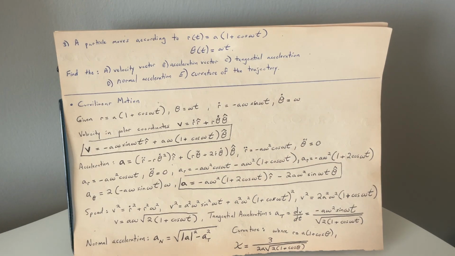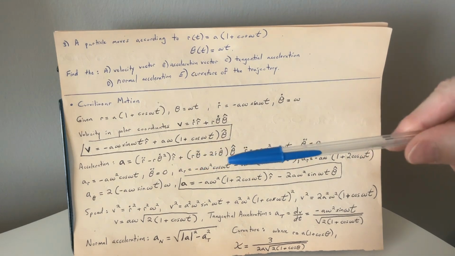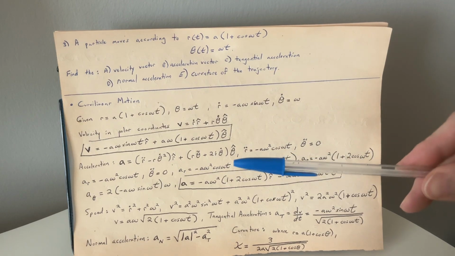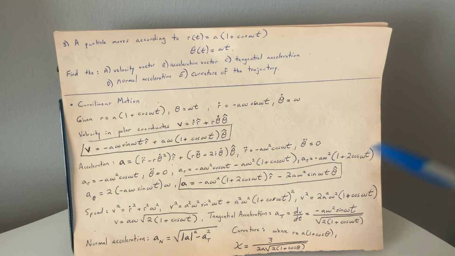And our acceleration vector a is going to equal the quantity r double dot minus r theta dot squared r hat plus r theta double dot plus 2 r dot theta dot times theta hat. So r double dot is equal to negative a omega squared cosine omega t, and theta double dot equals 0.